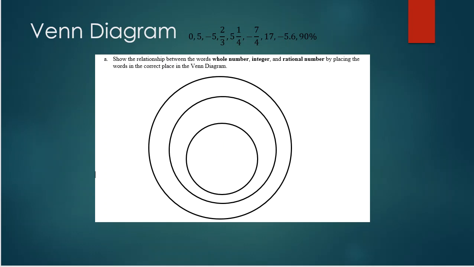So if we put whole number here and we put integer here, and we put rational number here, if a number is a whole number, it is also an integer, and it is also a rational number.